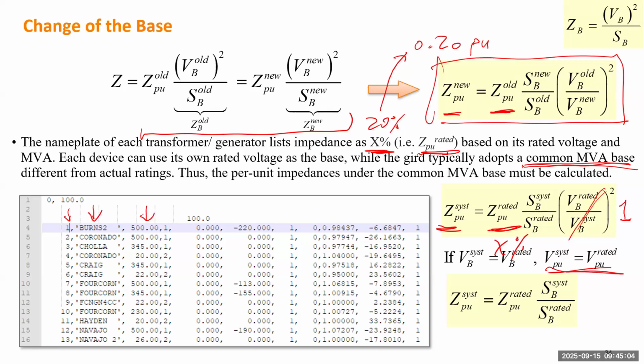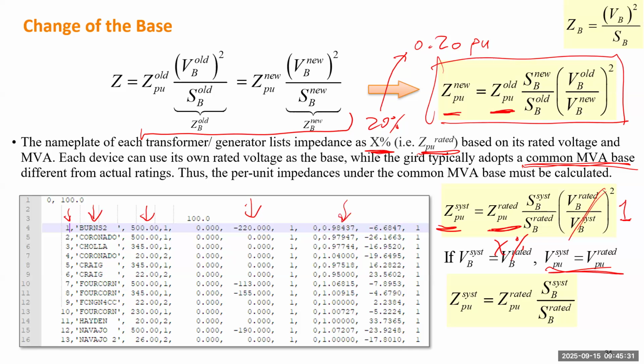This column indicates 500, 345; those are just the rated voltage levels. Of those numbers, you see some negative, some positive. That should be power, either load or injection.